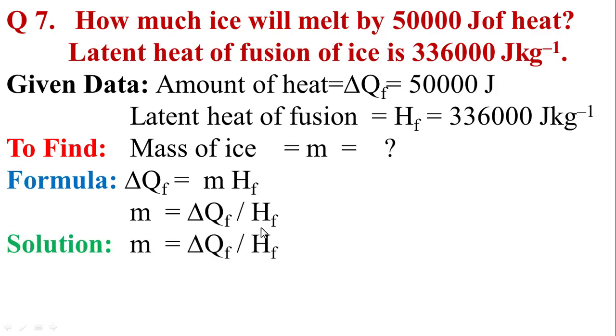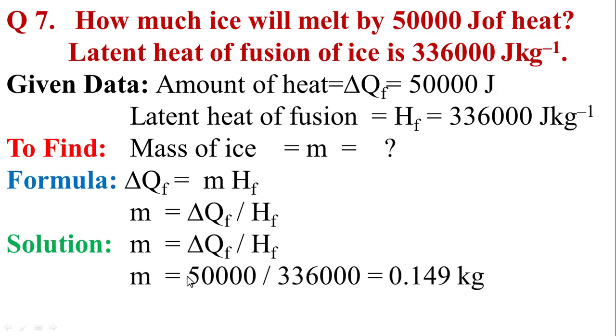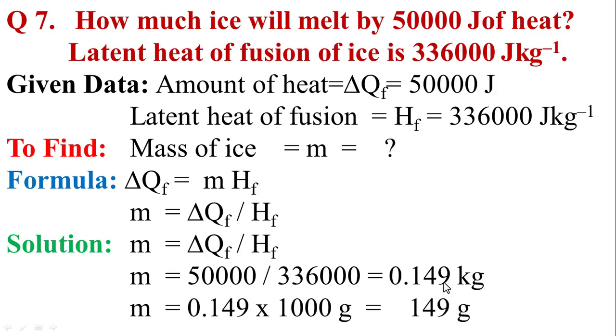Now for solution, putting the values, M is equal to 50,000 divided by 336,000, which is equal to 0.149 kg. Now we convert into gram, then multiply by 1000. So M is equal to 0.149 multiplied by 1000 is equal to 149 grams.